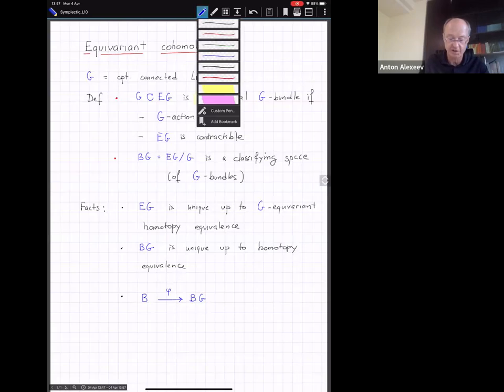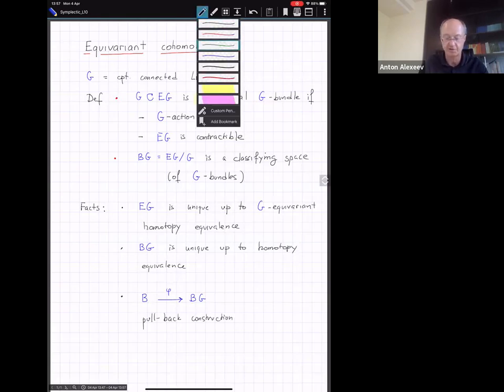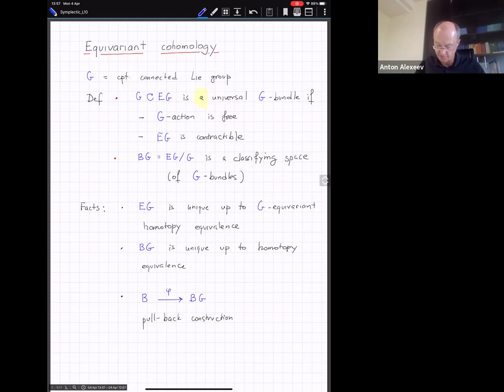Then we can arrange a principal G bundle over B by the pullback construction. Over BG we have EG, so E is equal to phi star of EG.